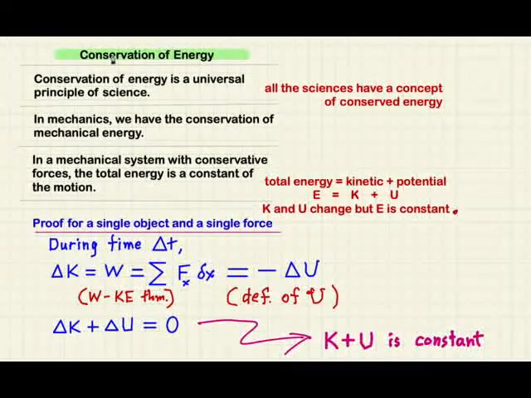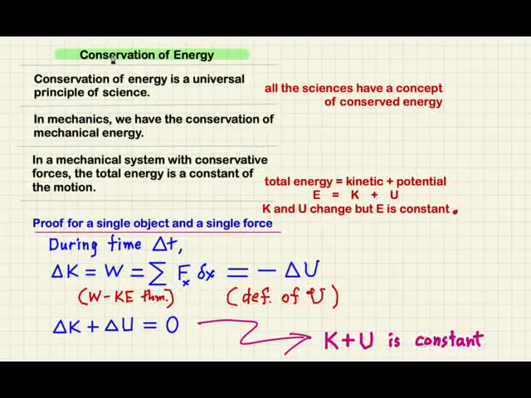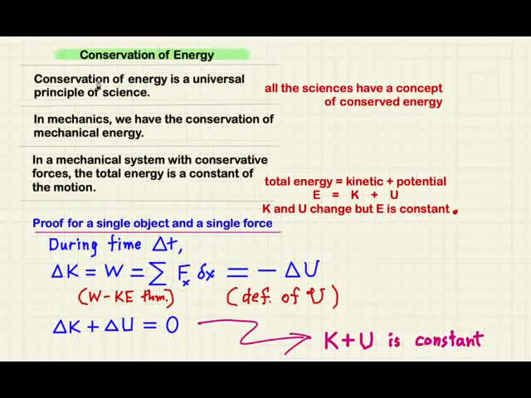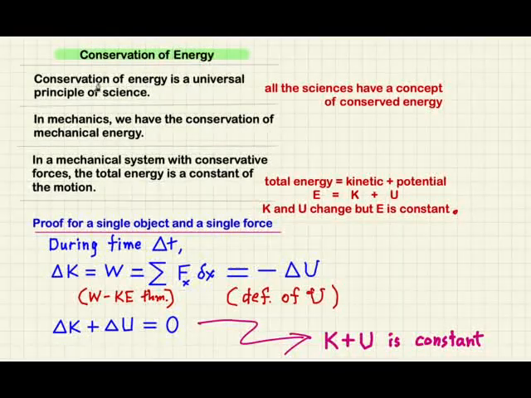There are many different kinds of energy, and it's possible to convert energy from one form to another, but the total amount of energy is constant. Now, that's a universal principle. It applies in all branches of science.